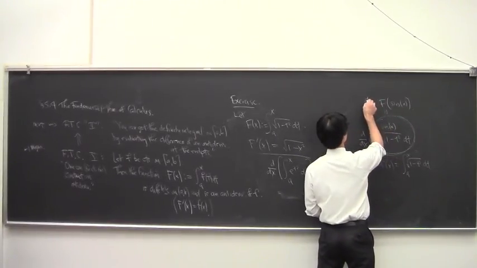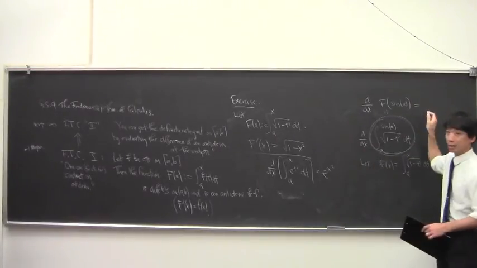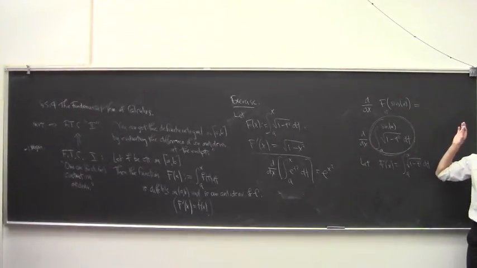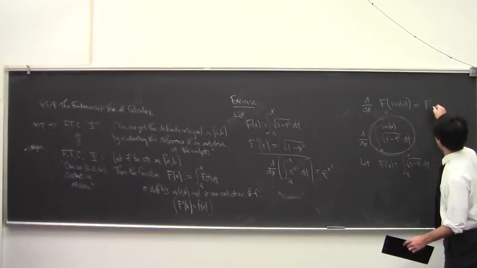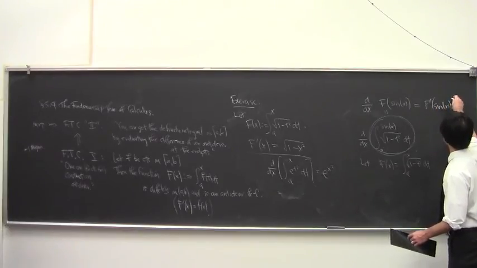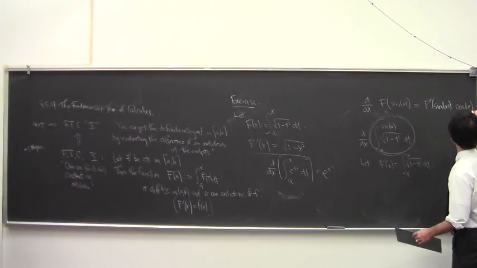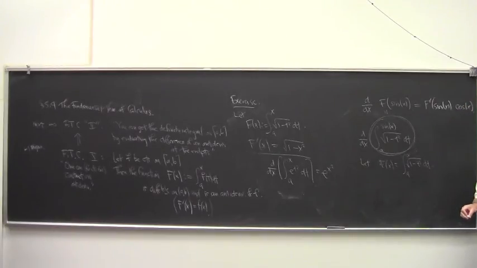If I differentiate that, what am I going to get? Anyone see? Is there chain rule? For the chain rule, I'm going to get f prime of sine x times cosine x. So not exactly what people were guessing.